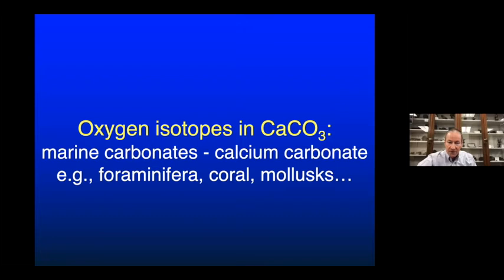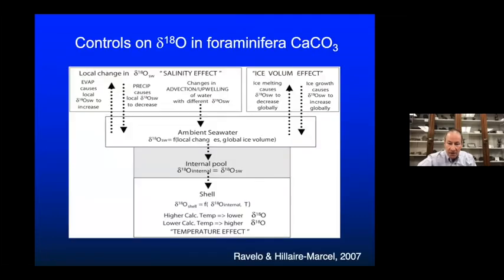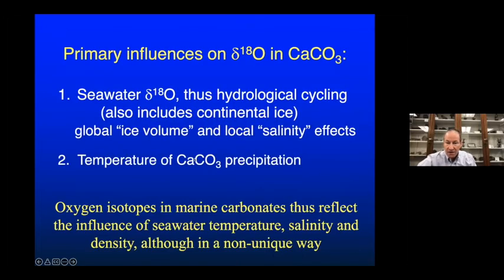The oxygen isotopes in calcium carbonate also have many complicated interactions. But here again, I'm going to simplify this with an approximation that probably accounts for 98% of the variability.